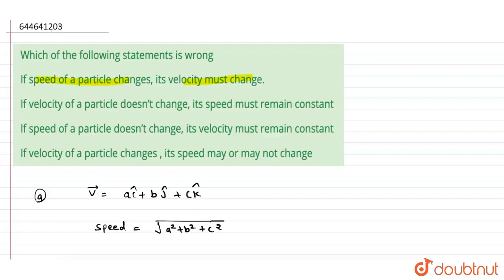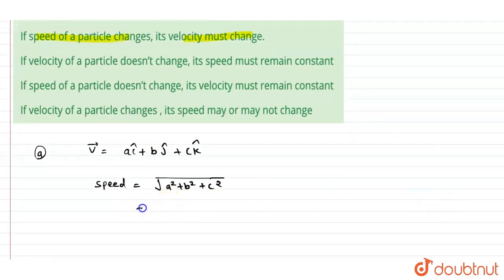By this we can find the speed, and that must be equal to the mod of v vector, meaning the magnitude of the velocity. This shows that whenever you change the speed of the particle, its velocity is also changed. This means this is the right option.